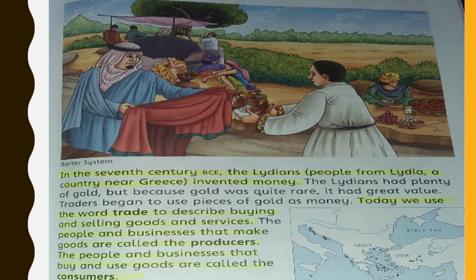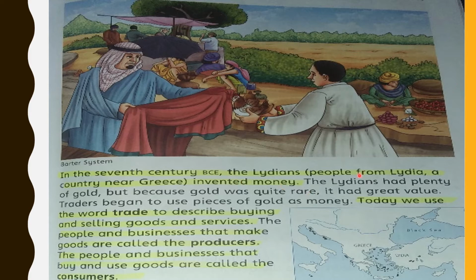Okay, now on page 49. In the 7th century BCE, BCE stands for Before Common Era, the Lydians, people from Lydia, a country near Greece, invented money. So students, who invented the money?